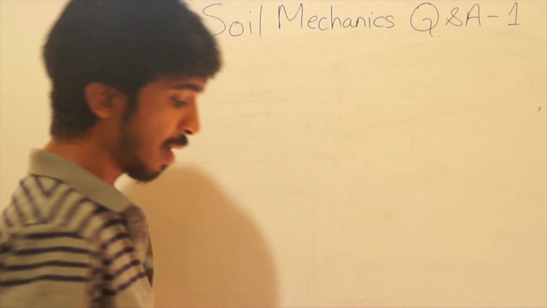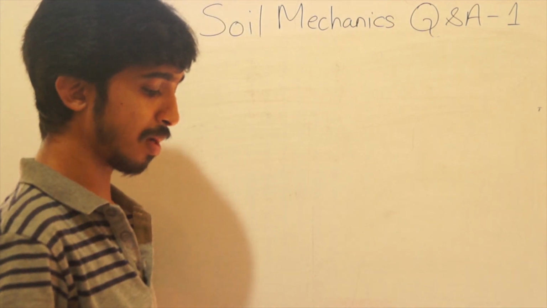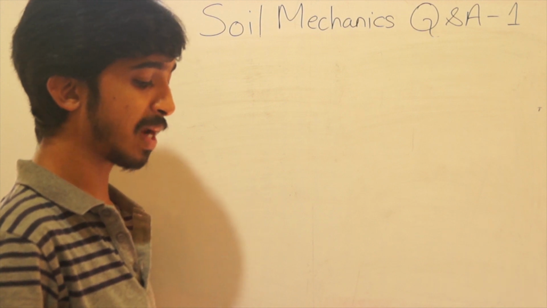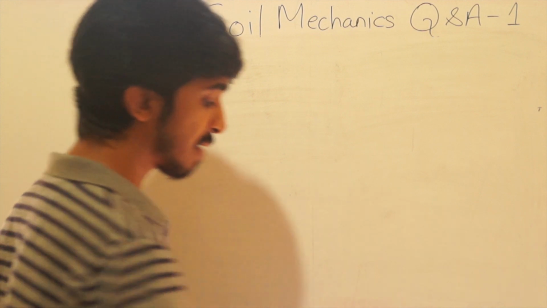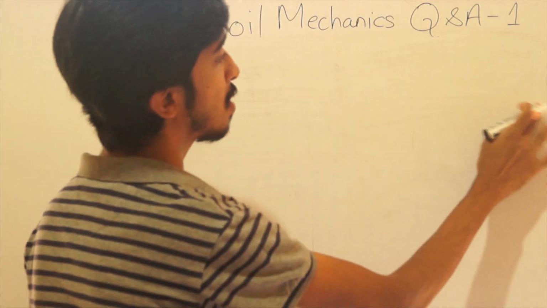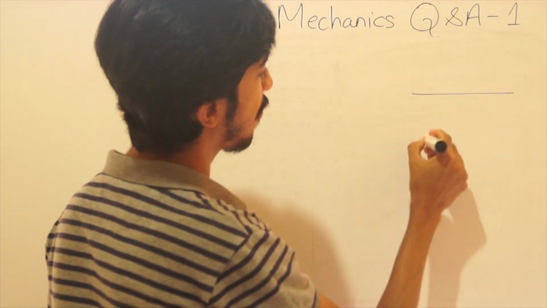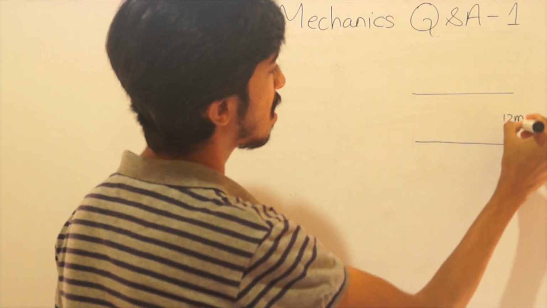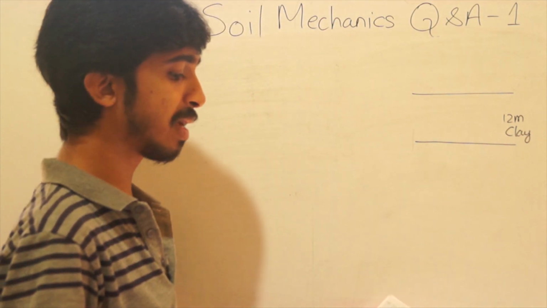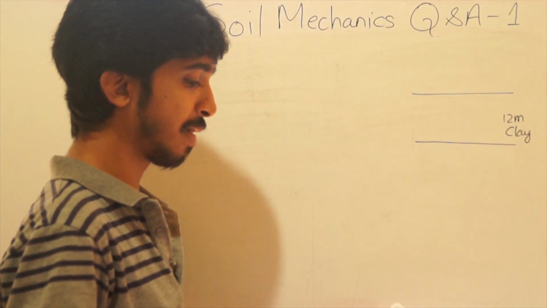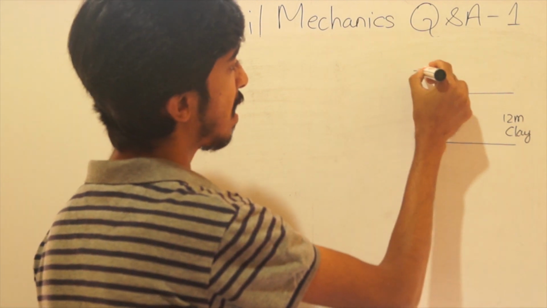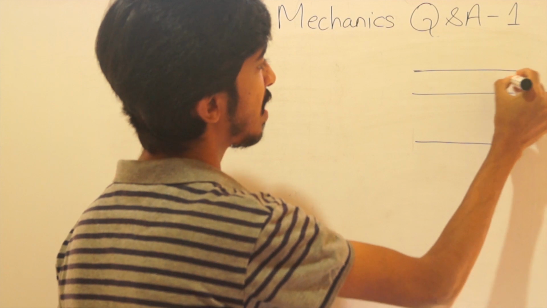So let's see. At a site, a 12-meter thick layer of normally consolidated clay. They have stated that at a site there is a 12-meter thick layer of clay. So this is 12-meter clay. A 5-meter thick dense sand exists on top. So there's a sand layer on the top which is 5 meter.